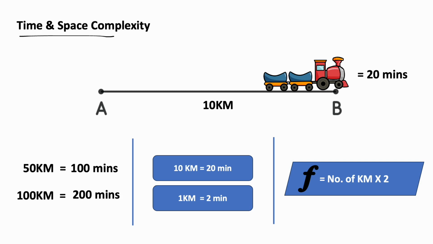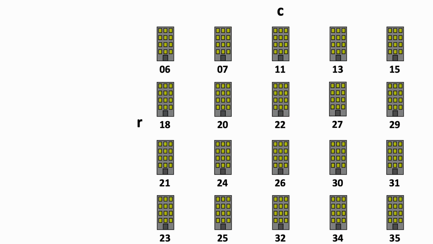So if it is 50 kilometers, 50 times 2 is 100. If it is 100 kilometers, 100 times 2, 200 minutes. If you see this formula, this stays true for any input size. In time and space complexity also, we're going to do the same thing. We have to come up with a formula, and that formula should stay true for any given input size.